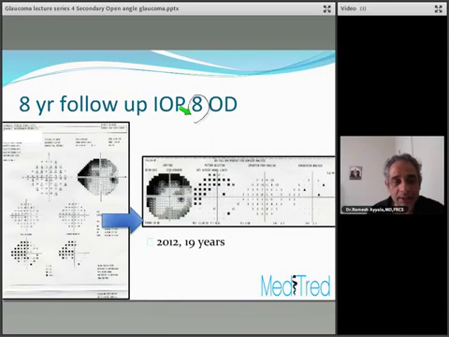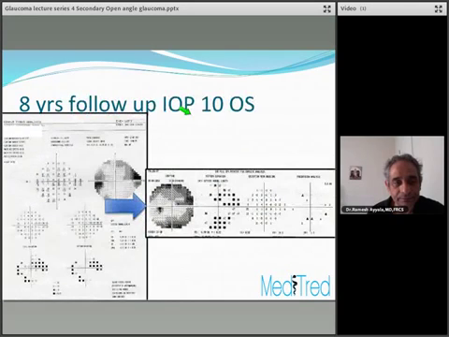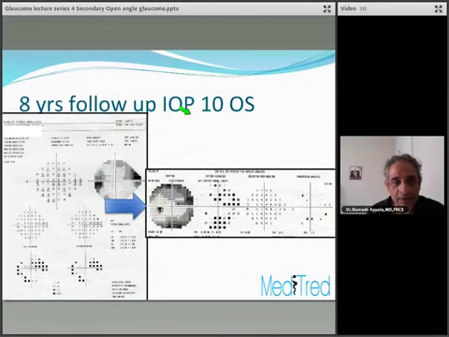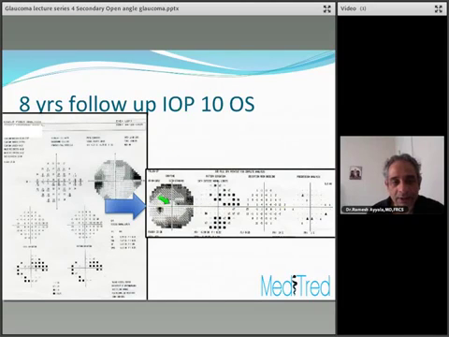You notice that the vision fields have not changed much. This is the left eye, and again, you can see that it has not progressed much.